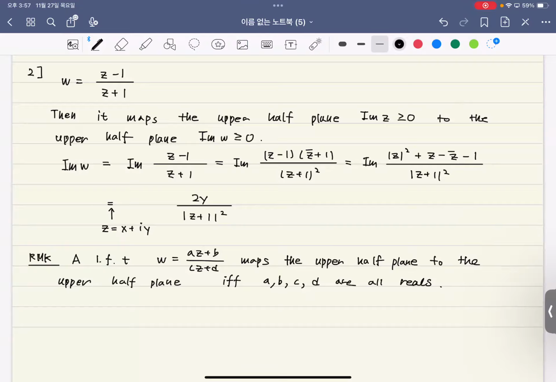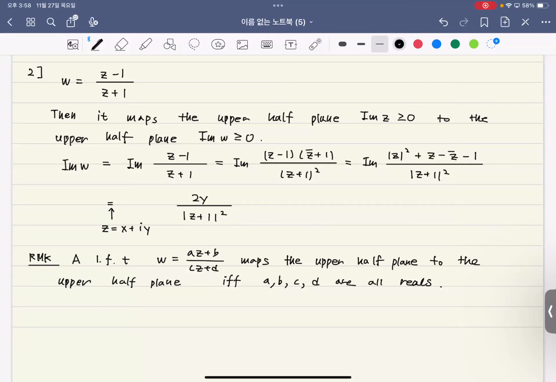So we have studied two very special linear fractional transformations. The first one maps the upper half plane to the unit circle, and the other one maps the upper half plane to another upper half plane.